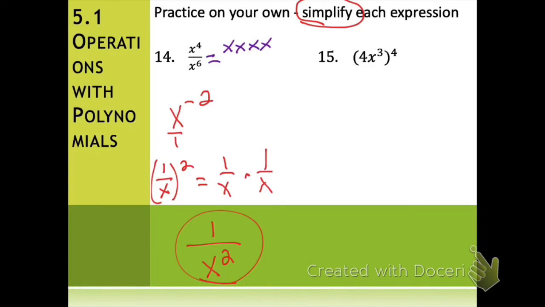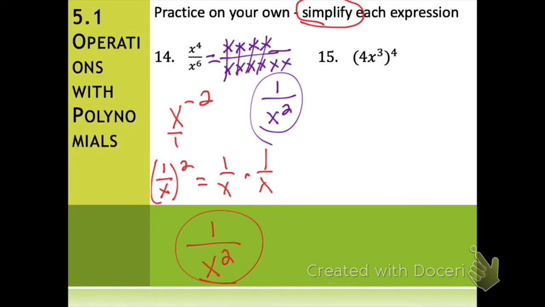You have x times x times x times x on top. You have x times x times x times x times x times x on bottom. Take a look. Cancel, cancel, cancel, cancel. What's left on top? 1. So that would just give you 1 over x squared. So the expanding there is pretty simple to see.